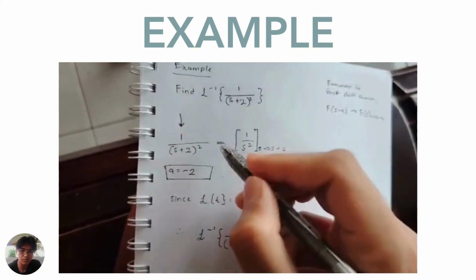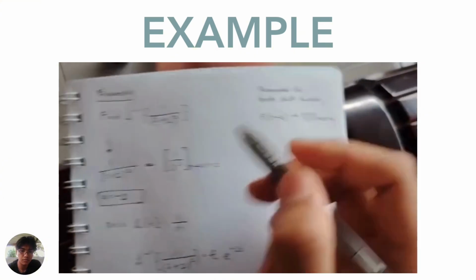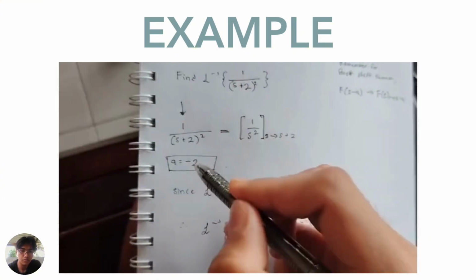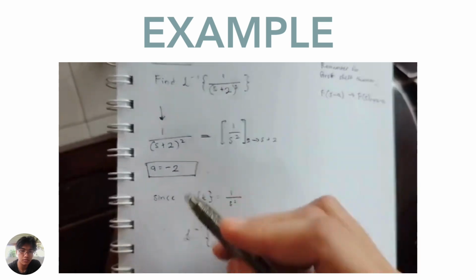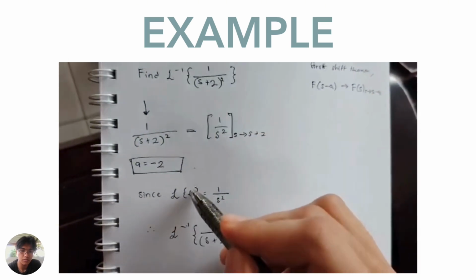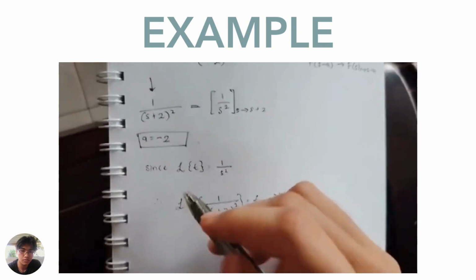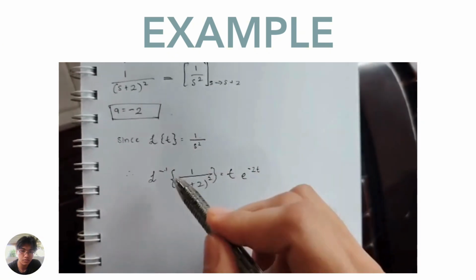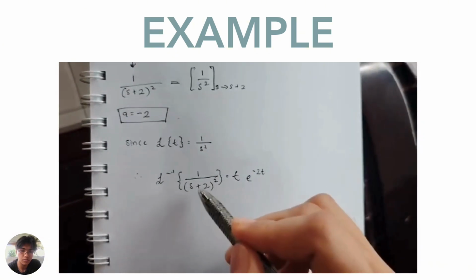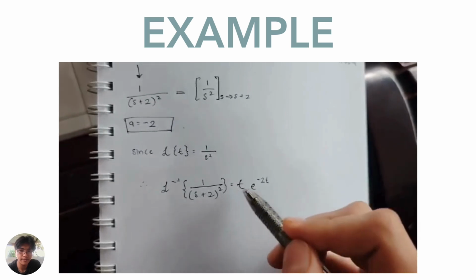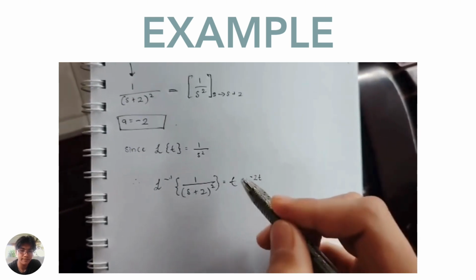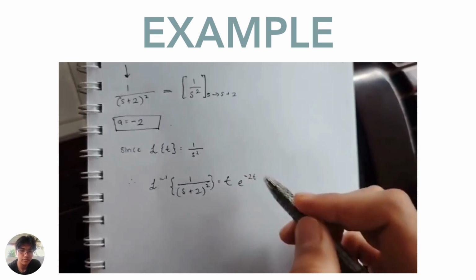So from here, we know that a is equal to negative 2. Since the Laplace transform of t is equal to 1 over s squared, the inverse Laplace transform of 1 over (s plus 2) to the power of 2 is t times exponential negative 2t.